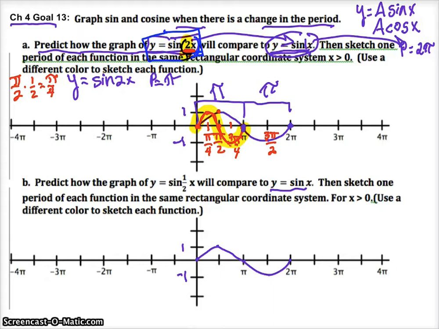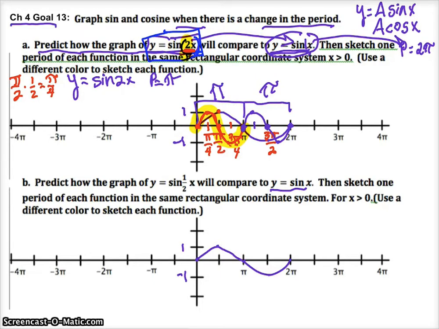Remember our pattern for the graphs of sine. The x-intercepts are at the starting point, the ending point, and halfway. And from the starting point, we go to the maximum, back to the x-intercept, the minimum, and back to the x-intercept. And so I'm just following my pattern.